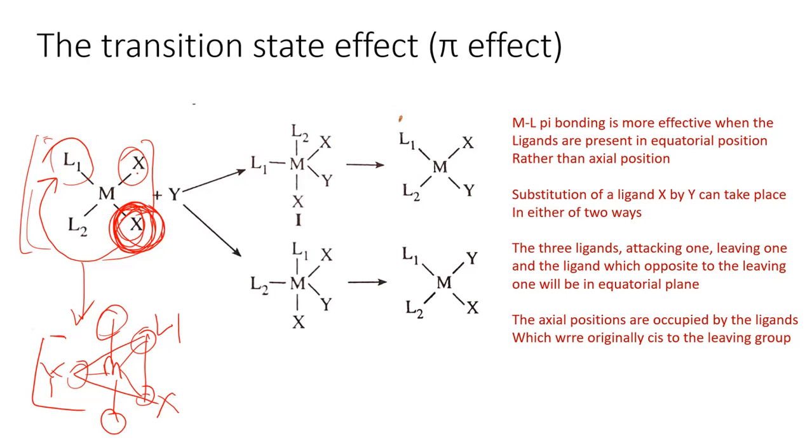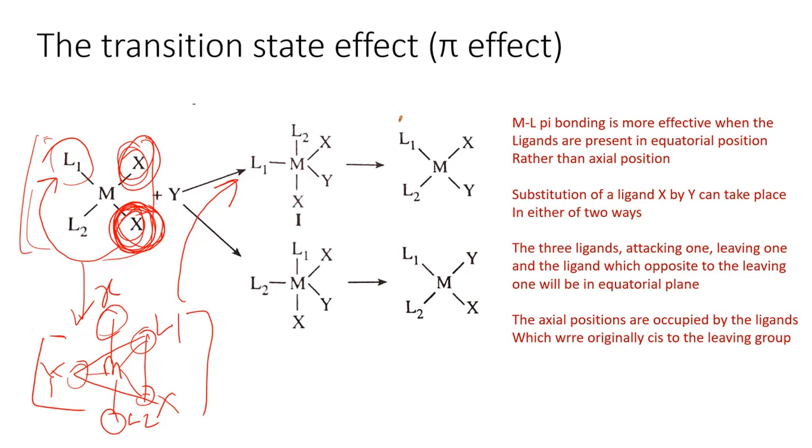So L2 and X would be in the axial positions. Just try to elucidate this with the diagram: Y, X and L1 in the equatorial plane, and L2 and X in the axial positions.